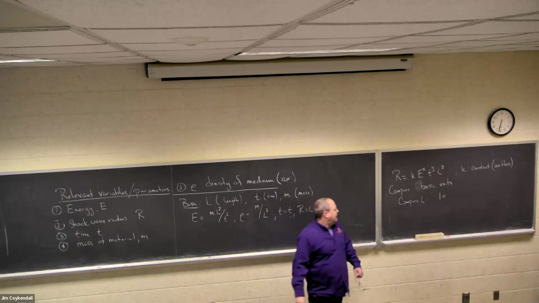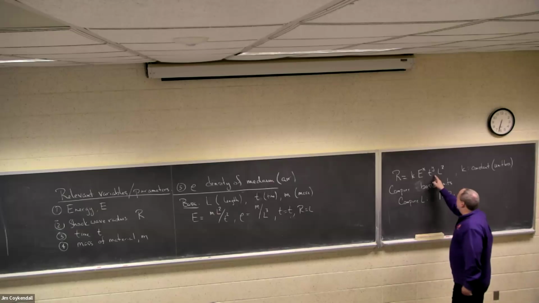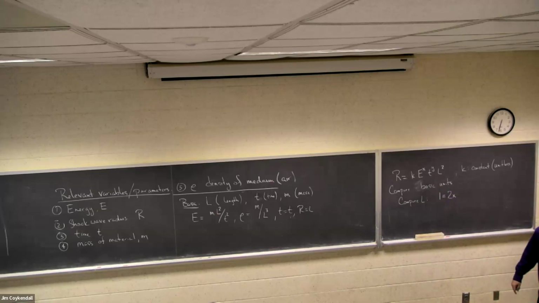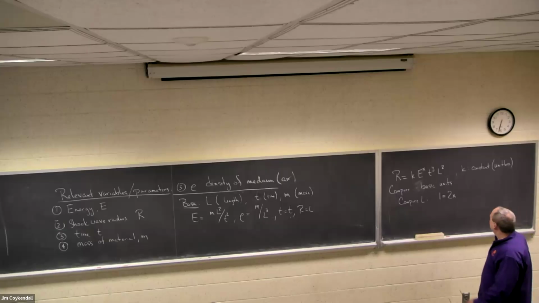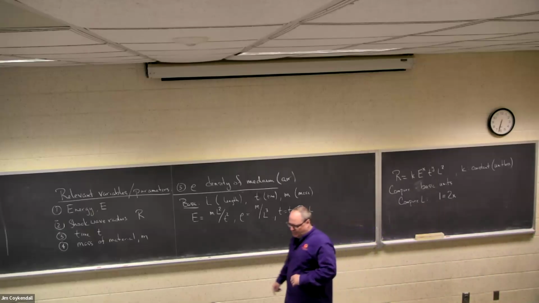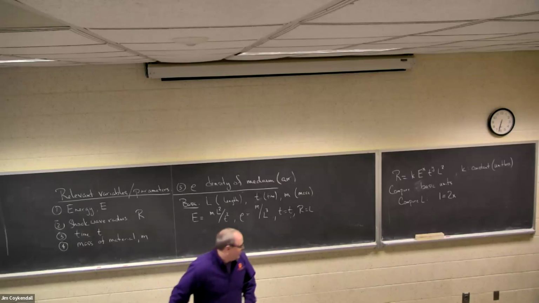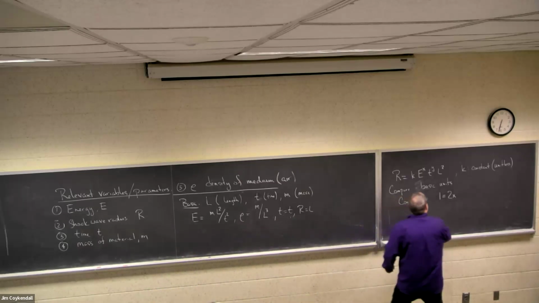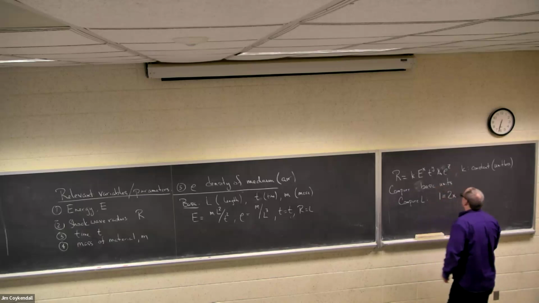How many times does L appear in E? Twice. So I got a 2x here for its appearance in E. It doesn't appear in time at all, right? Oh, I think I've got L. Of course, this last bit is rho to the z.